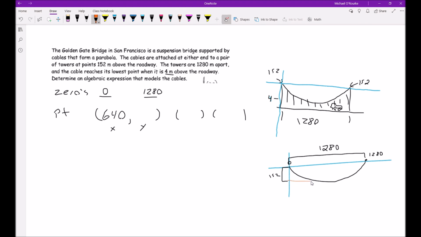So the road is at 152. Let me take that away. The road is at 152. It says the cable comes down 4 meters close to the road. So in that case, we're going to go 152 minus 4 is 148. But because it looks like this, it's actually going to be negative 148.